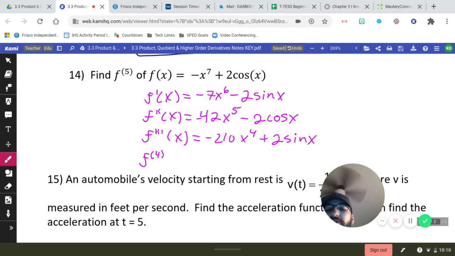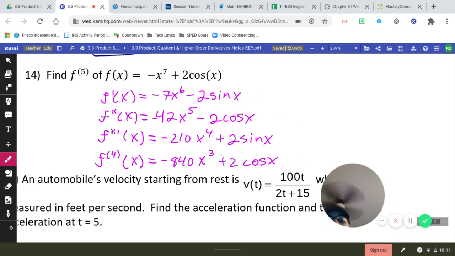So f to the fourth derivative of x is equal to negative 840 x to the third plus 2 cosine of x, which brings us to the fifth derivative. f to the fifth is equal to, let's see, 840, 8 times 3 is 24, so 2400 plus 120, so 2520, negative 2520 x squared, and then minus again 2 sine of x.